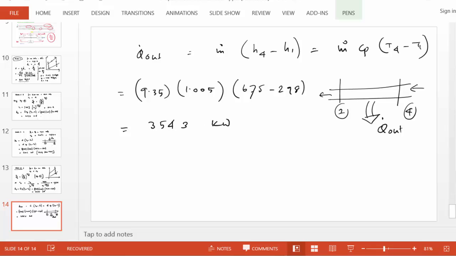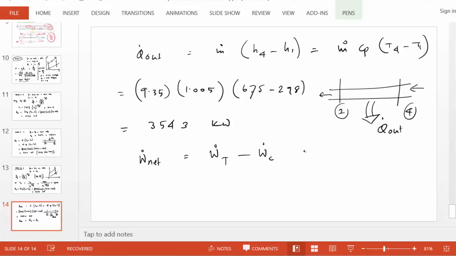Now that we have analyzed every device, what are the questions? The first question is find the thermal efficiency. So what is the net work? To find the thermal efficiency, the easiest way is to find the net work. We have found compressor work, turbine work.